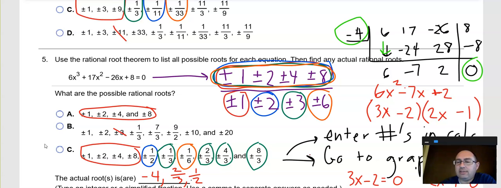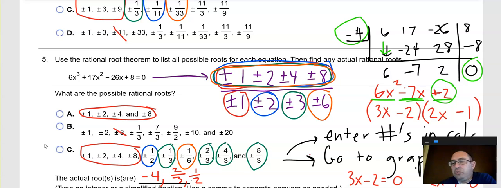Great, that's fantastic. So I had 6x squared minus 7x plus 2. That can be factored. Now, I knew it had to be a -2 and a -1 in order to get +2. The reason they both had to be negative was they had to add up to a negative number, so that forced them to be -2 and -1.